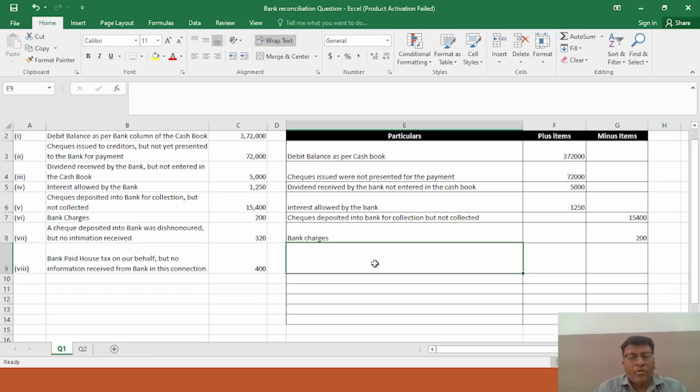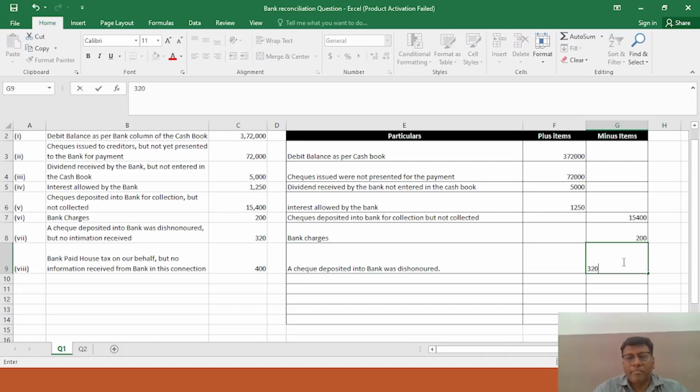Okay, so you have to mention this particular transaction here, that is a check deposited into bank was dishonored, right? You have to write this particular amount here because the check is dishonored. So this is 320.